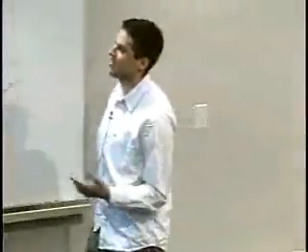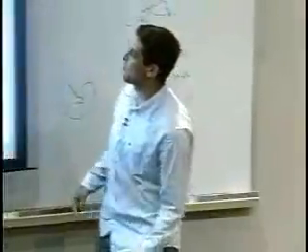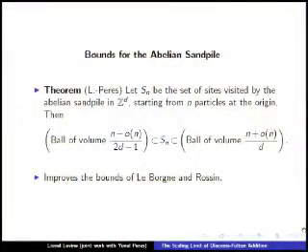Certainly it doesn't seem to be by the pictures. So specifically, we can squeeze Sn between a ball of volume about n over 2d minus 1 and a ball of volume about n over d. So this improves some earlier bounds due to Le Borgne and Rosen.